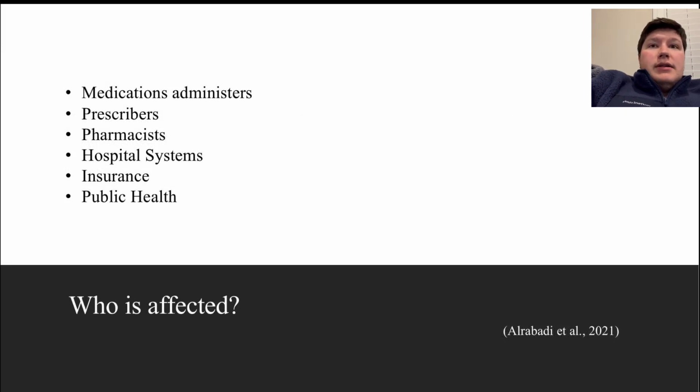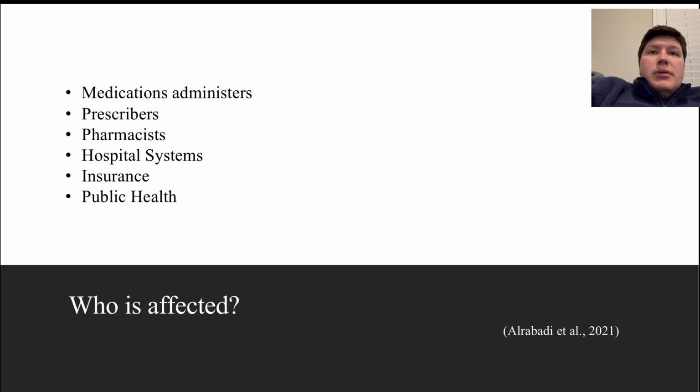So who is affected? There's really a widespread impact. So not only patients, but also healthcare providers, hospital systems, insurers, pharmacists, and really all of public health is impacted. And medication errors can impact patient outcomes, hospital stays, and overall costs.